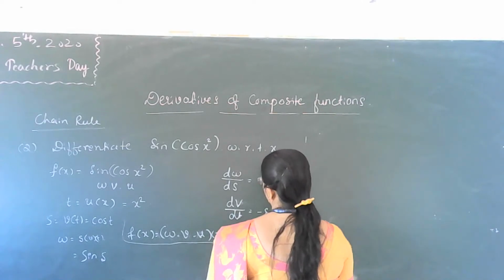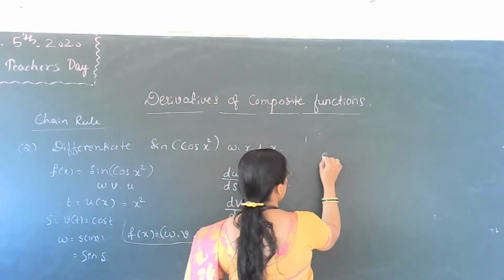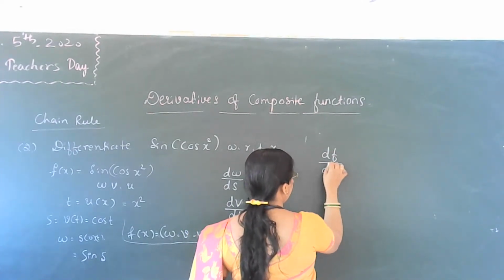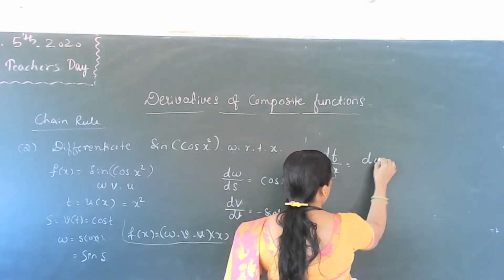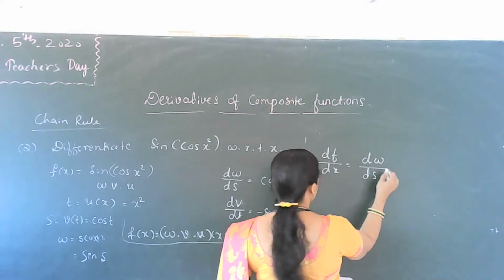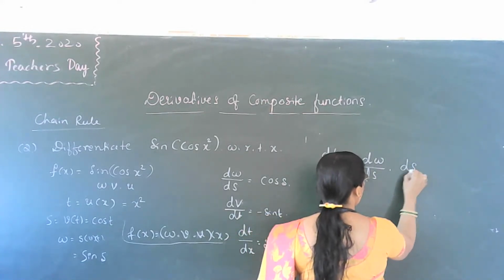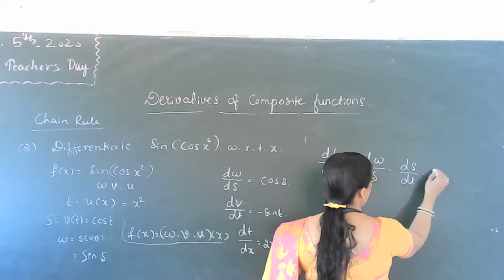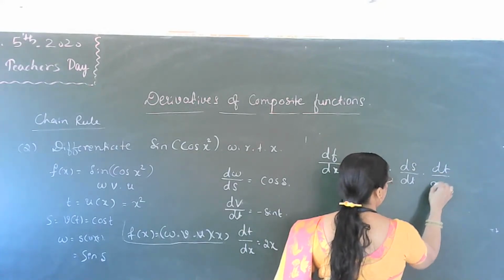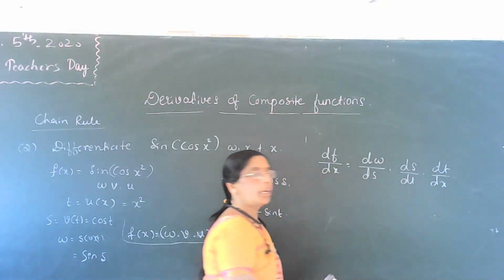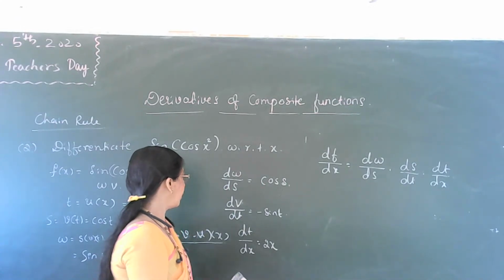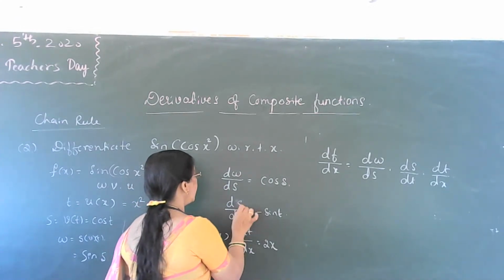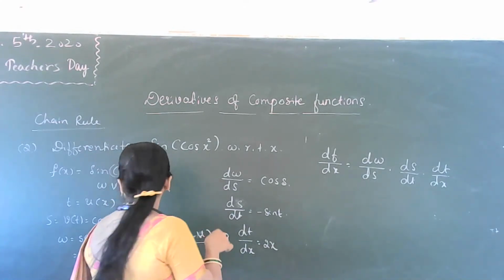Here we find the derivative of the composite function df by dx is equal to dw by ds into ds by dt into dt by dx.